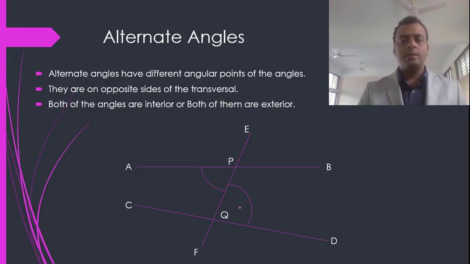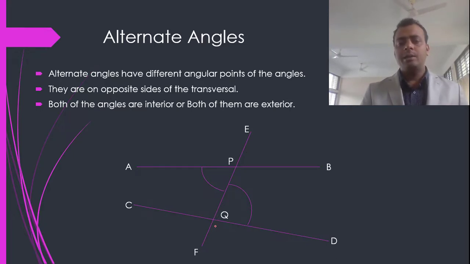Because you can see here APF and DQE both have different angular points. Here the angular point is P and here the angular point is Q. So they have different angular points. They are on the opposite sides of the transversal. APF is on the left side of the transversal EF and DQE is on the right side of the transversal. So they are on opposite sides of the transversal.